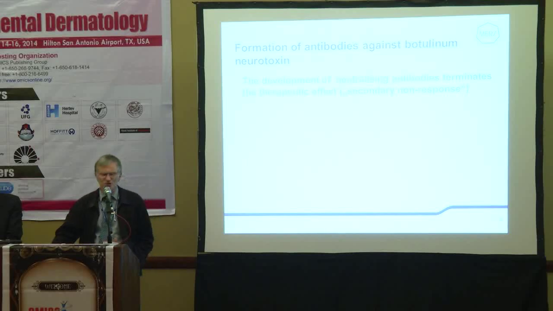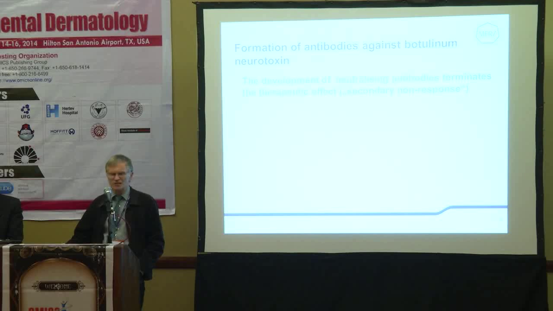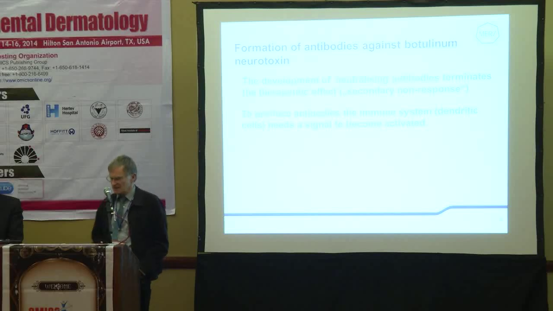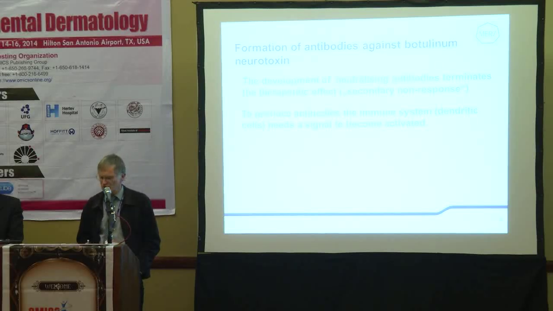And we come to the formation of antibodies against botulinum neurotoxin, where the formation of antibodies terminates the therapy with botulinum toxin, because then secondary non-response is induced. So what is the critical factor for the production of antibodies against the neurotoxin? The immune system must be activated.